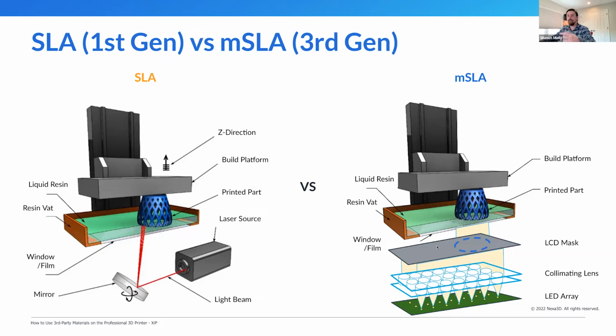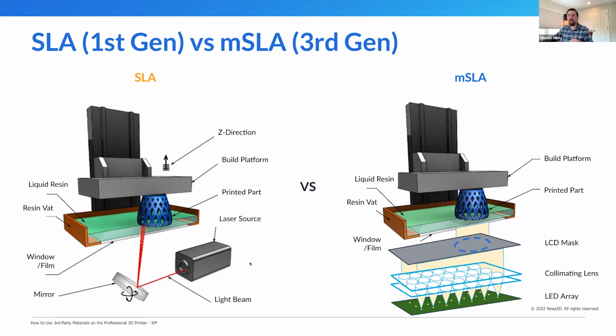It goes through the LCD mask, which allows it to project the image essentially, and whatever light is coming through is going to create that entire layer. The benefit of this is you get to project the entire layer at once. So with certain materials, you can print an entire layer in about 2 seconds, which is really cool.